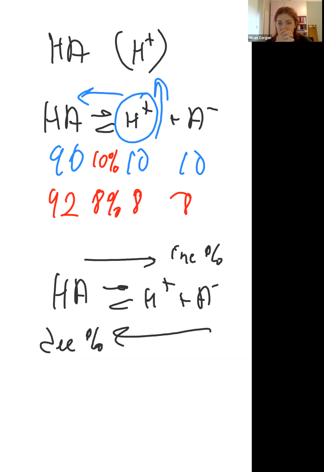Because while shifting to the back, you are producing less product, and your products are ions.